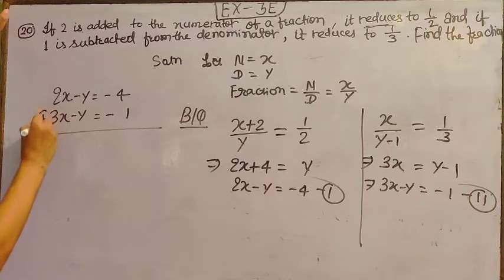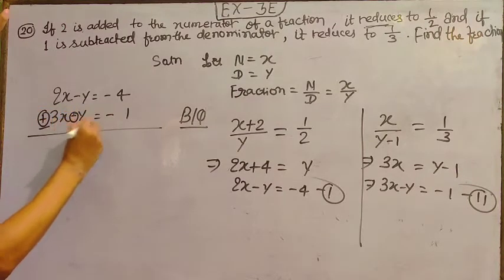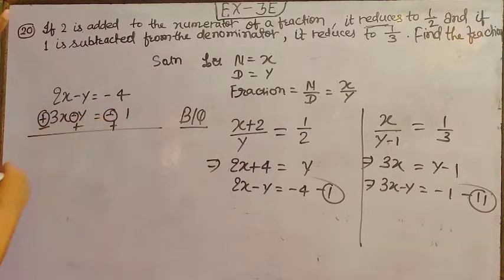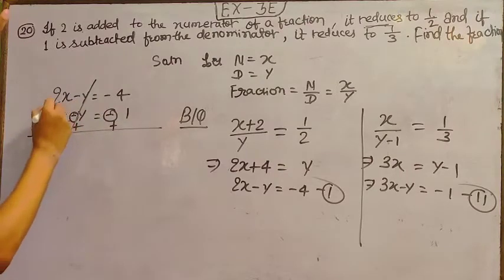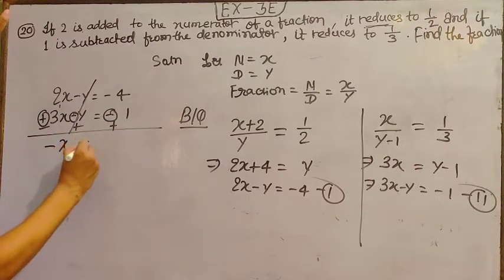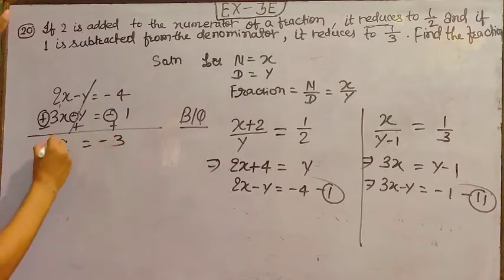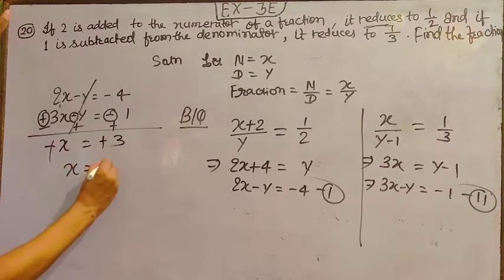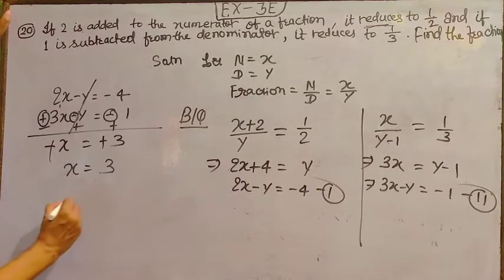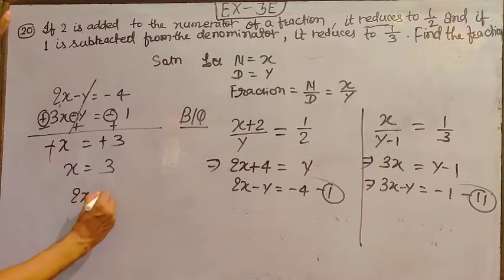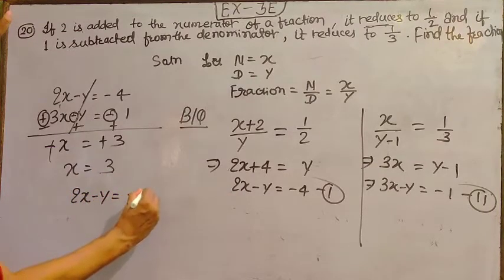So we subtract it: plus minus, minus plus. So y is cancelled. What do you get here? Minus x is equal to minus 3. Then x is equal to 3. Now substitute the value of x in the first equation, 2x minus y is equal to minus 4.